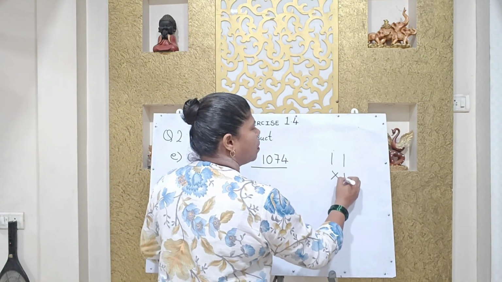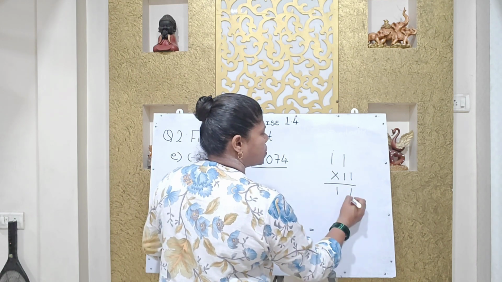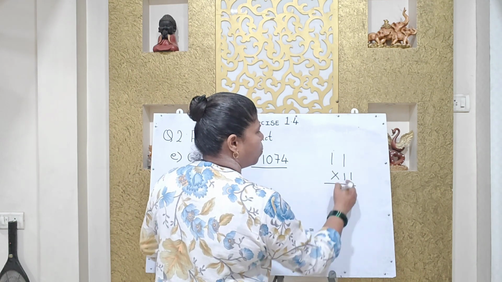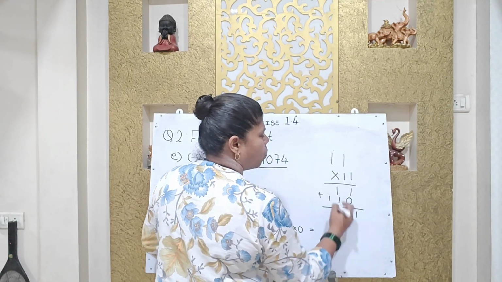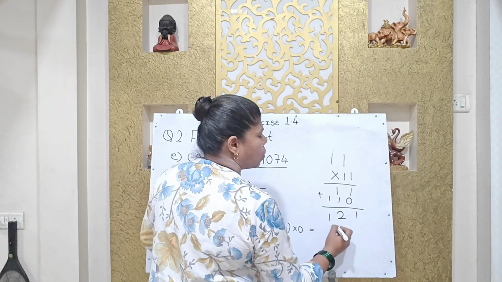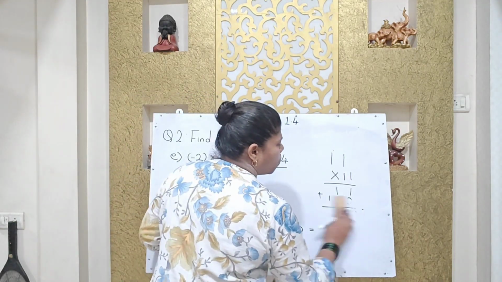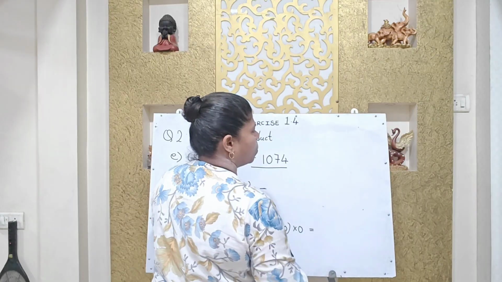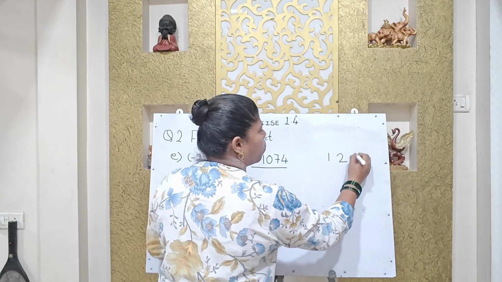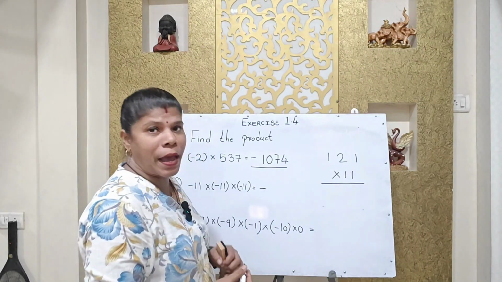Now we will do the multiplication. 11 multiplied by 11. 1 ones are 1, 1 ones are 1, 0. Again 1 ones are 1, 1 ones are 1. Plus 1, 1 and 1, 2, 1. 121. So again, 121 multiplied by 11. 3 times we have to multiply the 11.